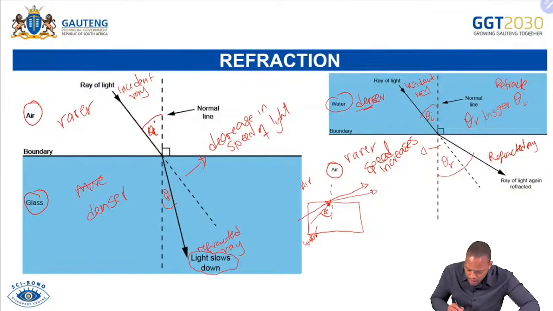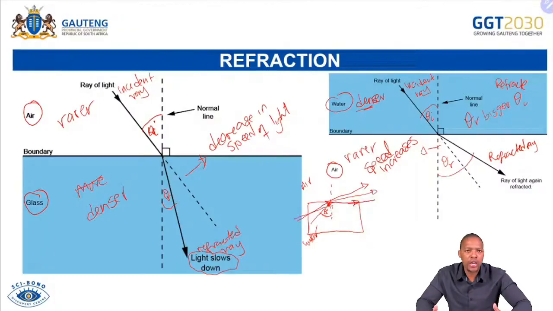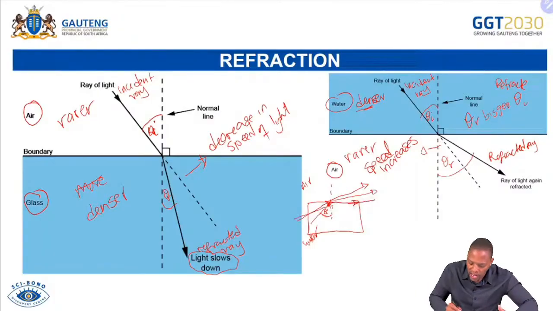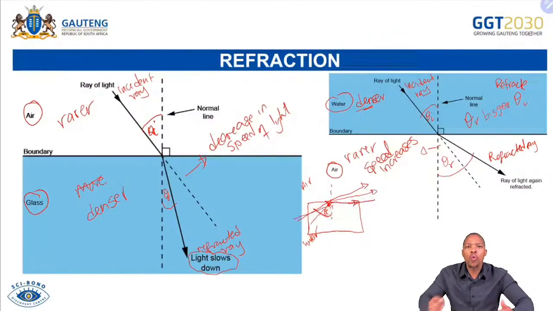You increase it further and at some point, this refracted ray will be refracted such that it lies on the boundary. Hope that you agree with me. You see where I'm going here. There must be an angle where I have incident the light ray such that the refracted ray is lying at a boundary between the two mediums.